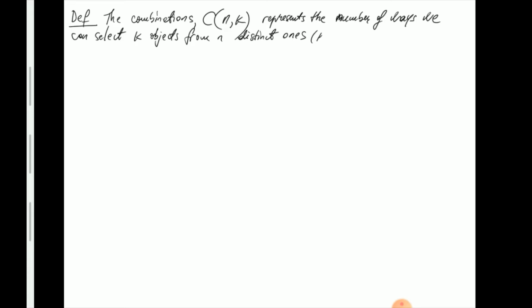So of course k is less than or equal to n, without regard to order.